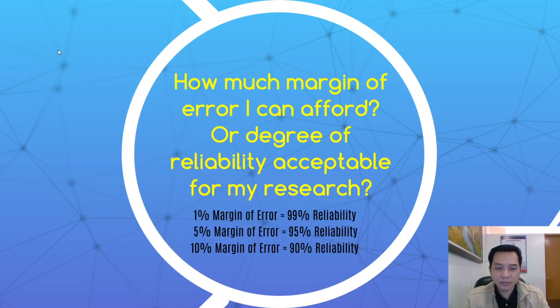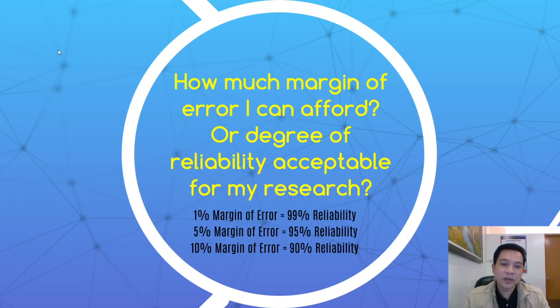So if, let's say, I am certain that the population has an average of 87%, and your margin of error is 5%, that will be plus or minus 5% of 87%. That will be a bracket from 82 to 92.